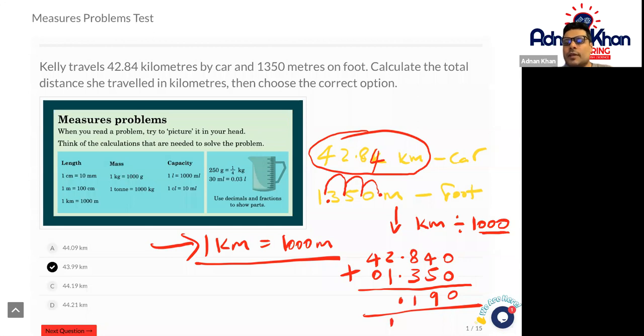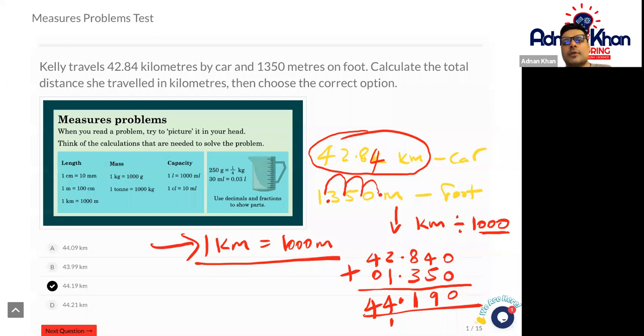Just stick the decimal in its rightful place there. So 2 add 1 is 3, add 1 is 4. And then 4 add 0 is 4. So in this case, we've got 44.19 as our answer here, and I would go for option C, 44.19 kilometers as the answer here.